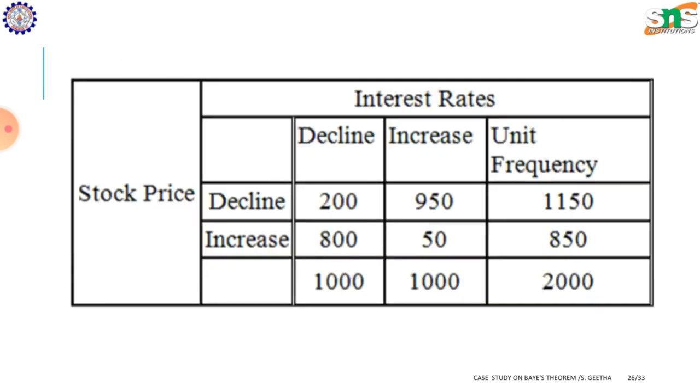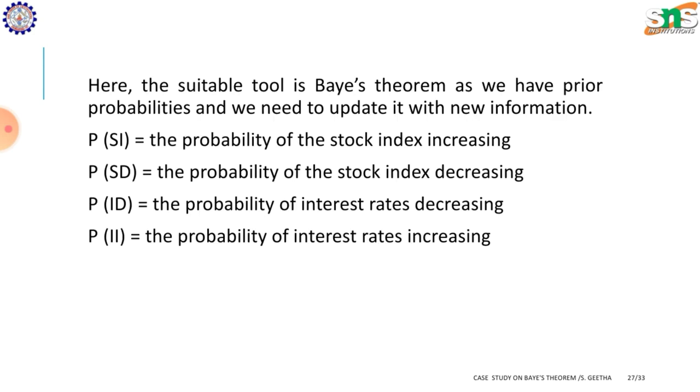Here they have given stock price and interest rate, decline and increase rates, and unit of frequency. So in decline, stock price frequency value is equal to 1150, increases 850, total frequency we have 2000. Here the suitable tool is Bayes' theorem, as we have prior probabilities and we need to update them with new information.